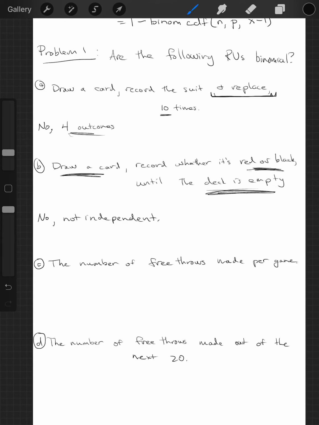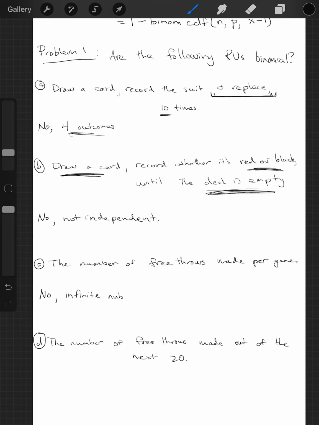If you drew a red card first, that means the second card is less likely to be red than if you drew a black card first. So what you've already drawn changes the probabilities for all the draws that come after it. All of the other rules are fine, but the trials are not independent.